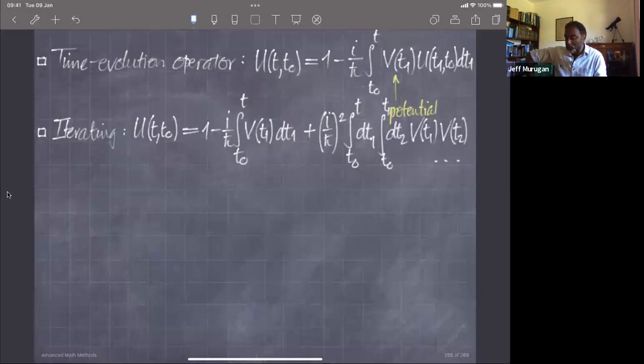U equals 1 minus i over h bar V plus i over h bar squared V squared, etc., in the operator form.